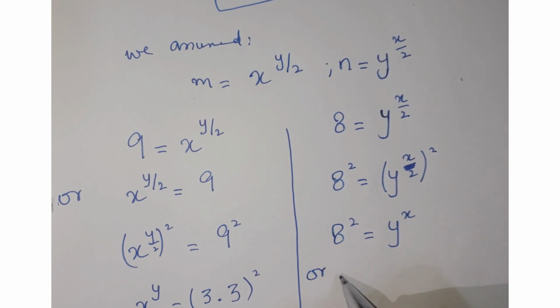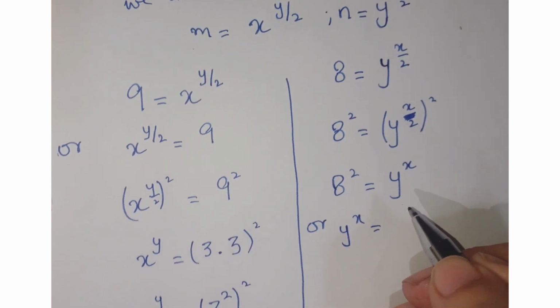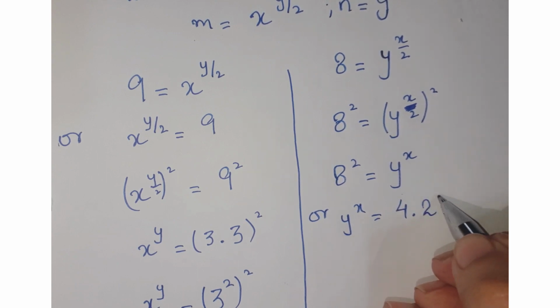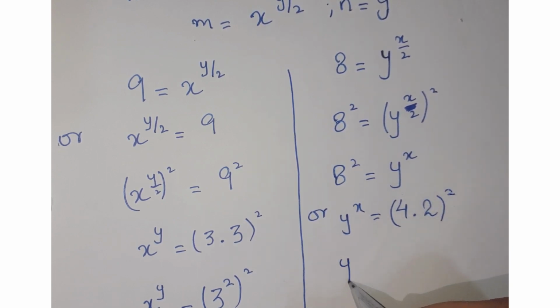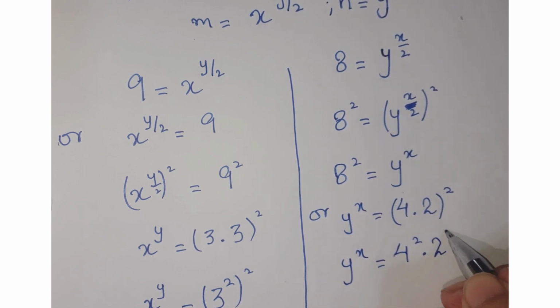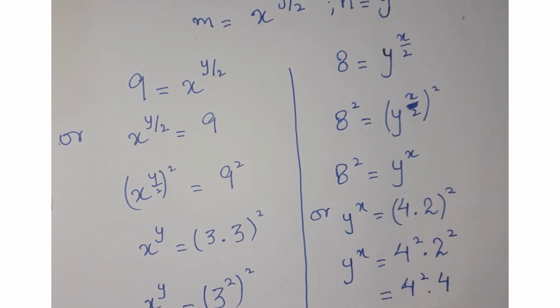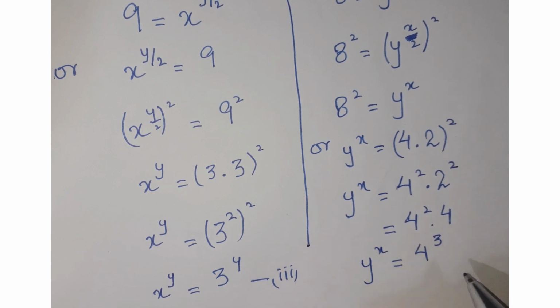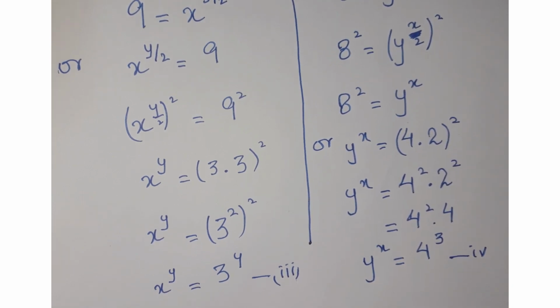Or you can write it as y to the power x is equal to, just break up this 8 as 4 into 2, (4 into 2) whole square, or 4 square into 4, and this can be written as 4 cube. Let's call it equation number 4.